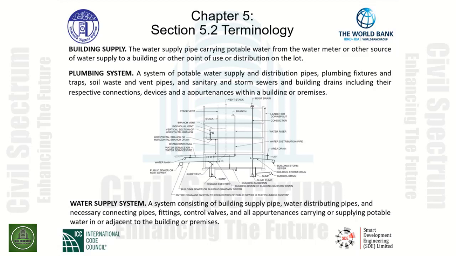As seen here by definition, plumbing system, we also have the public sewer or the main sewer. That is connected by means of a tap from the building coming into the public sewer. The building sewer is located outside of the building. Once it gets into the building, it becomes the building drainage system.